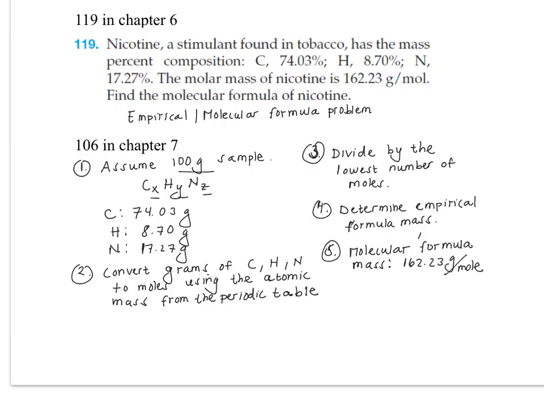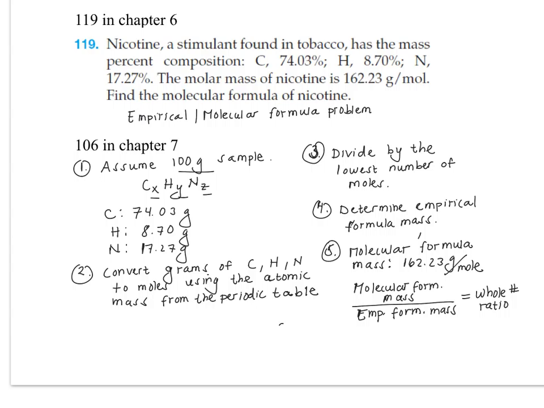So if we take our molecular formula mass and divide it by the empirical formula mass, we'll end up with a whole number ratio that we're going to multiply our empirical formula by.